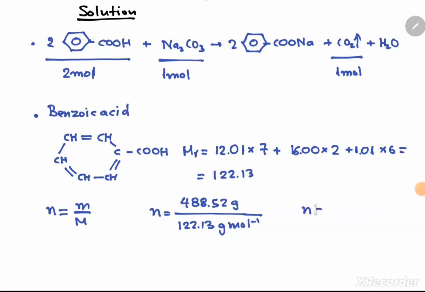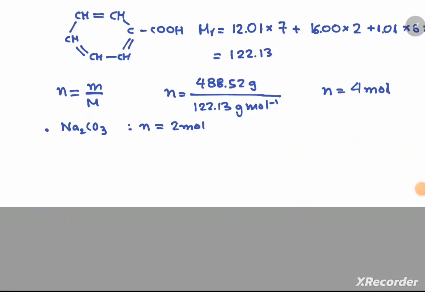And we find 4 moles benzoic acid. For sodium carbonate, we have the given moles, 2 moles, and then we have excess control.